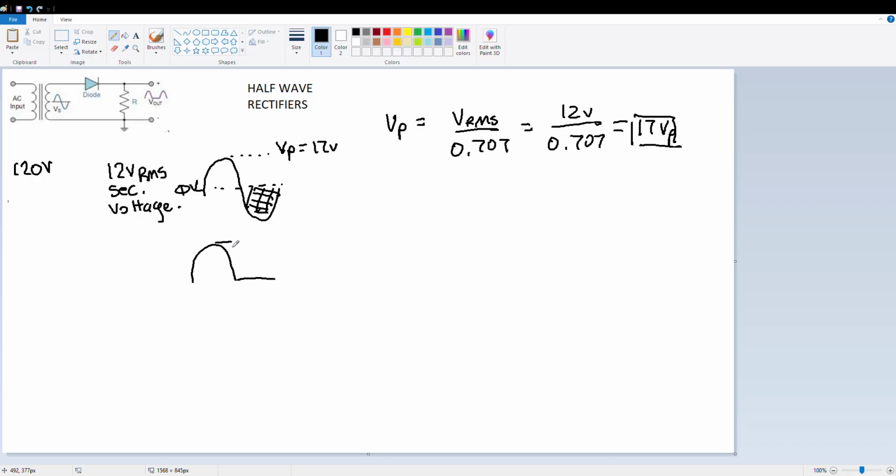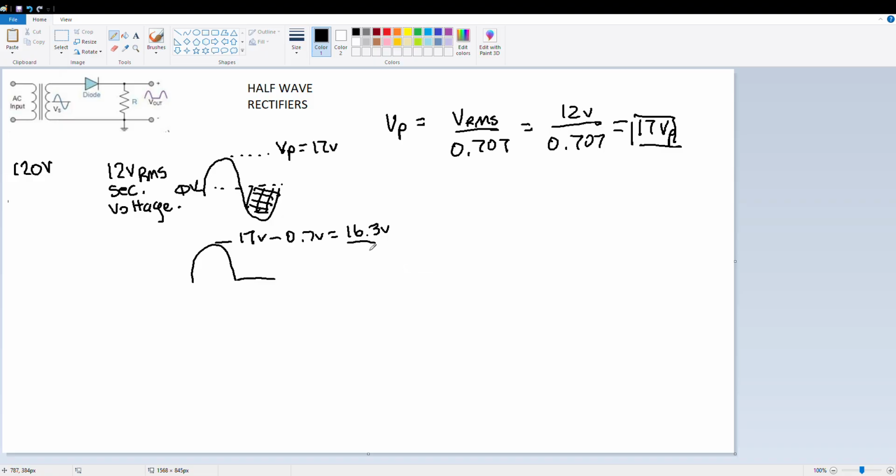Remember, when the diode is conducting, it will drop somewhere between 0.6 and 0.9 volts. The commonly accepted voltage drop across a silicon diode is 0.7 volts. So that voltage is going to be 17 volts minus 0.7 volts, or 16.3 volts.